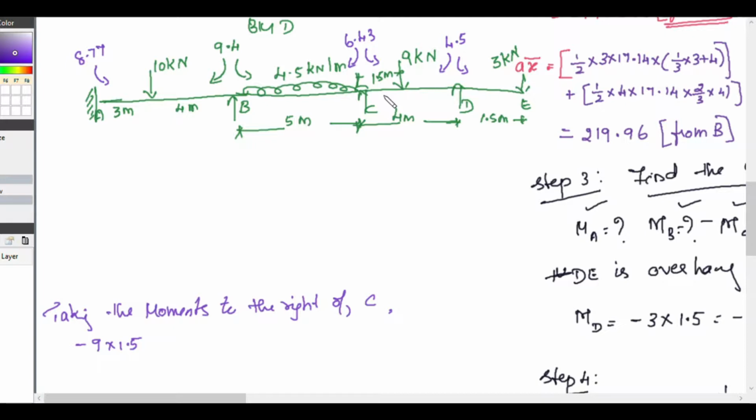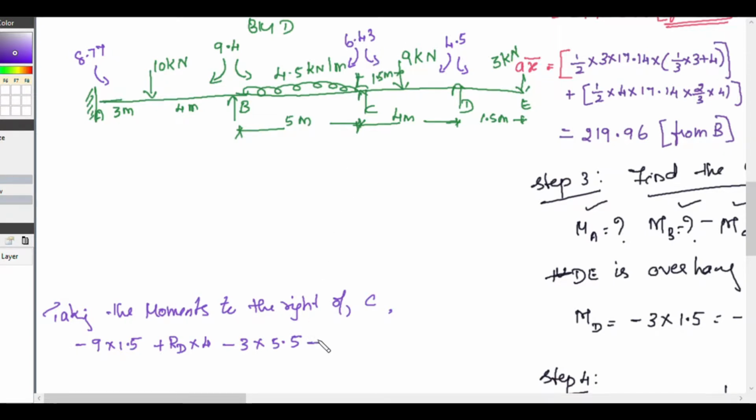Now we have RD, so plus RD into 4. So this 4.5 gets cancelled. We have 3 kilonewton concentrated load here, so 3 into this distance, 5.5, so it is minus 3 into 5.5. Now we have this load. Here we have a 6.43 kilonewton.